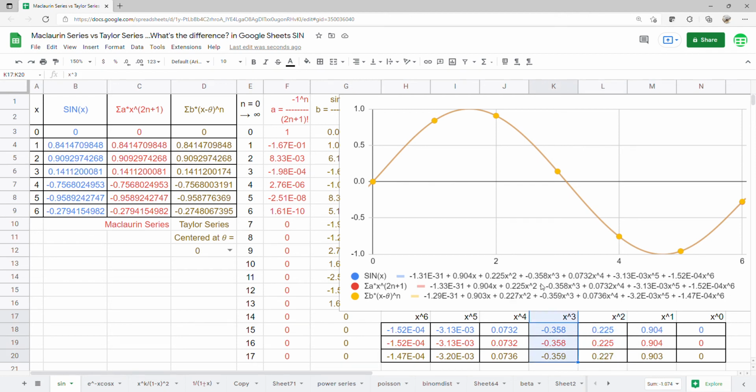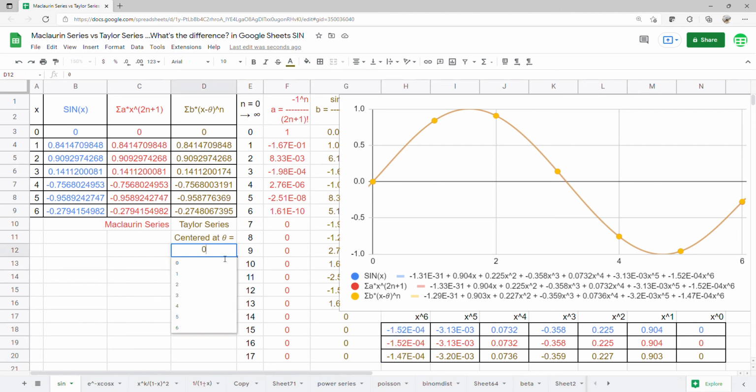Coefficient of x cubed, minus 0.358, minus 0.359. Coefficient of x to the fourth, 0.0732, so 0.0736. Coefficient of x to the fifth, negative 3.13 times 10 to the minus 3, 3.2 times 10 to the minus 3. Coefficient of x to the sixth, 1.52 times 10 to the minus 4, negative 1.47 times 10 to the minus 4. So there's an error here, negative 1.52 against negative 1.47.